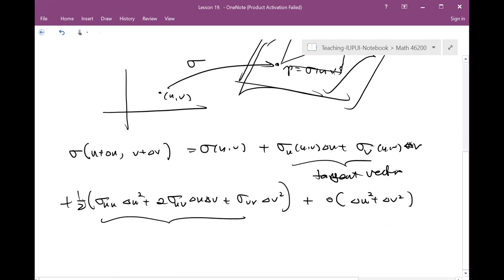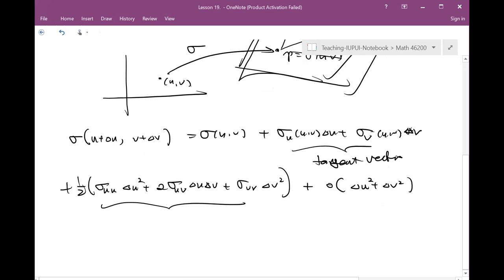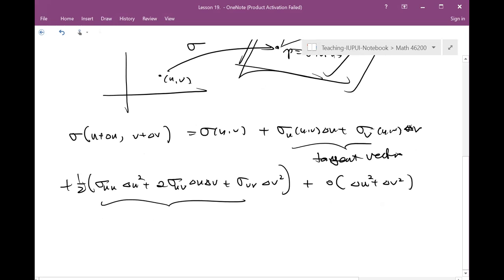We want to express it in two forms. This is a vector in three-dimensional space.